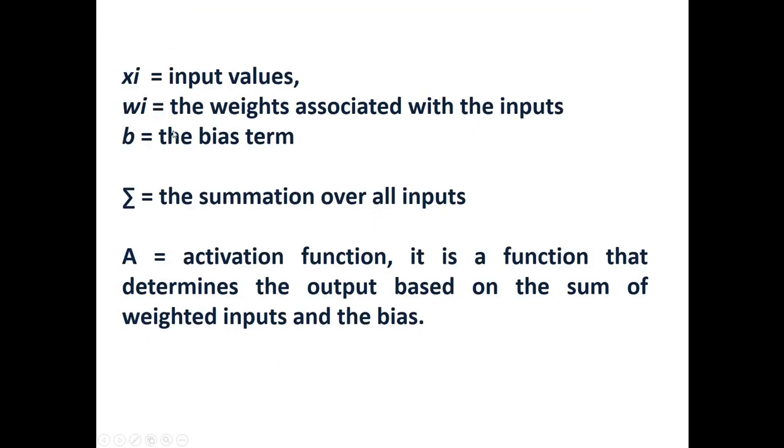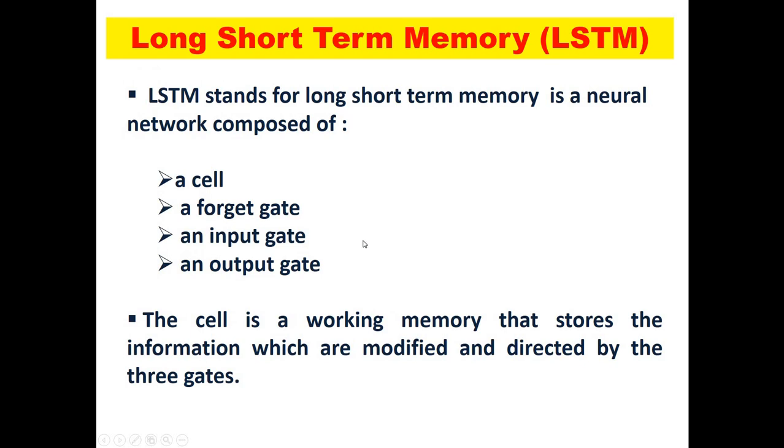Now in this particular case, Xi is the input values, Wi is the weights associated with the inputs, B is the bias, then the summation and activation function, etc. Now LSTM stands for long short-term memory in a neural network, and it has four things: a cell, a forget gate, an input gate, and an output gate.